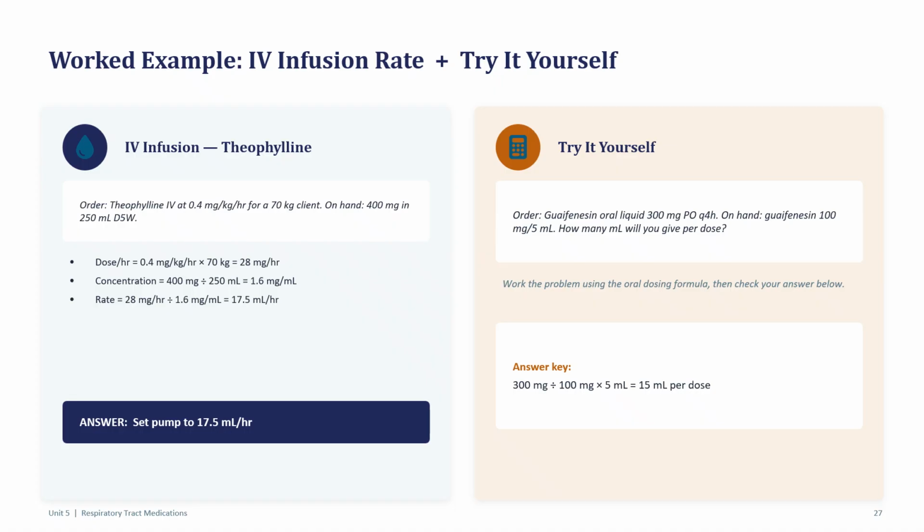How many milliliters per dose? Here's the answer. 300 divided by 100 times 5 milliliters gives you 15 milliliters per dose. Did you get that?